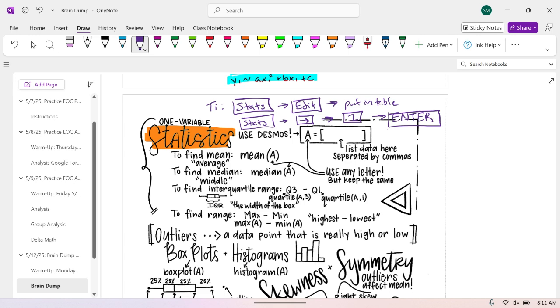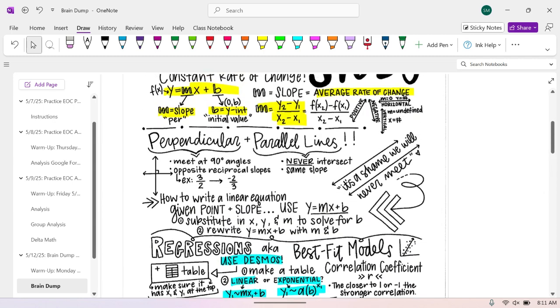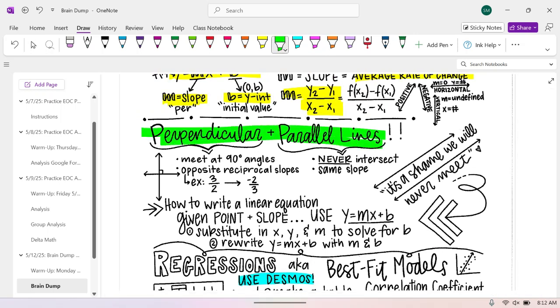All right. And then the last thing that I definitely know that you're going to be asked 1,000 times on the EOC, or at least 2 or 3 times, anything dealing with perpendicular or parallel lines. Remember, perpendicular, they meet at 90-degree angles, and their slopes are opposite reciprocal, meaning if you have 3/2, the perpendicular slope is -2/3.